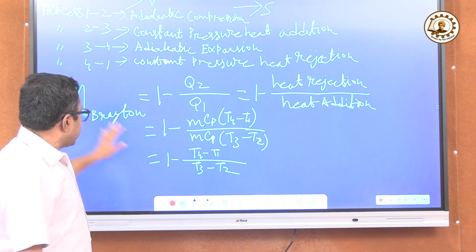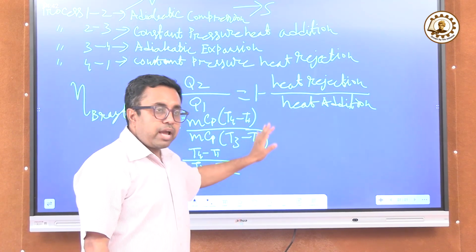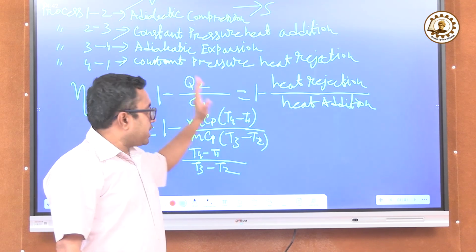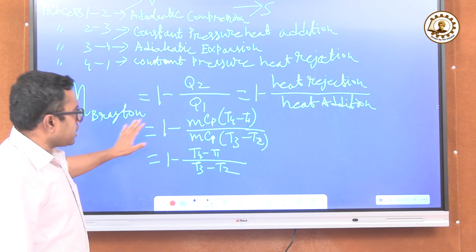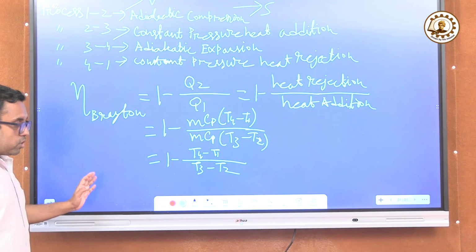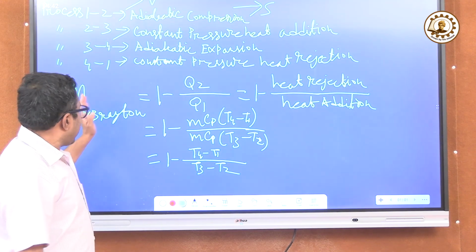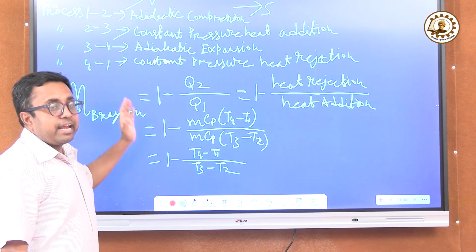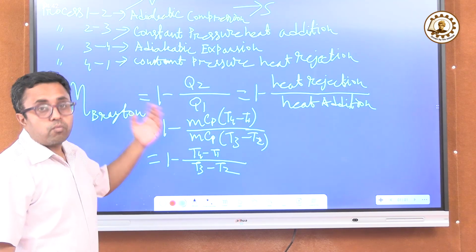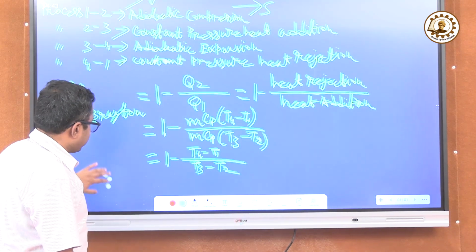Now you see that the equation almost looks like what we get for the Otto cycle, because the efficiency of the Otto cycle also comes out as 1 minus (T4 minus T1) by (T3 minus T2). So we can say the efficiency of the Brayton cycle is almost equal to the efficiency of the Otto cycle in terms of heat addition and heat rejection. Now we must look at the efficiency of the Brayton cycle in terms of the compression ratio.